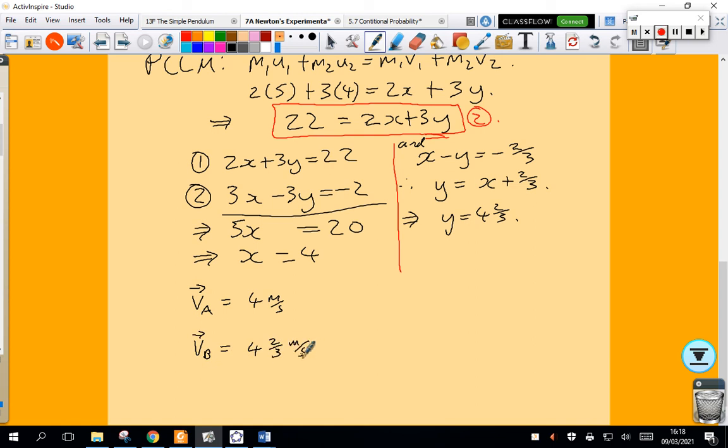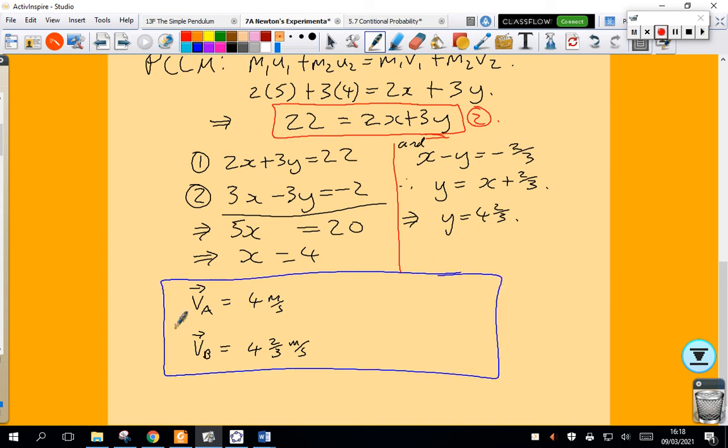And notice those velocities are positive. We don't have to worry about direction or sign too much. The other thing to note is that this is just going to equal the speed of A, and the speed of B immediately after impact.